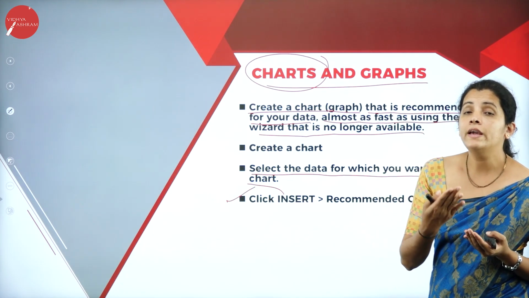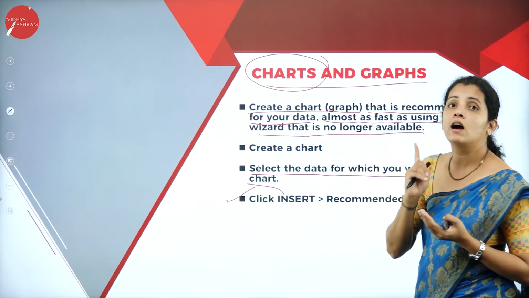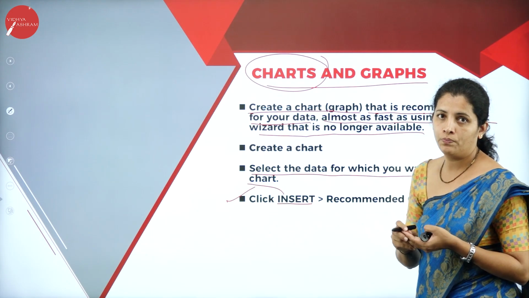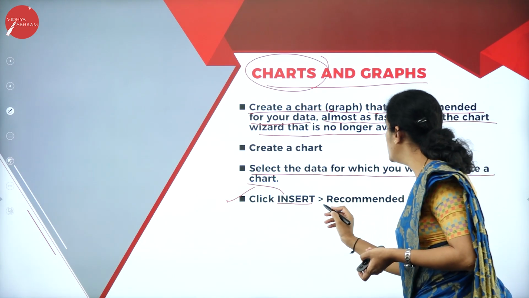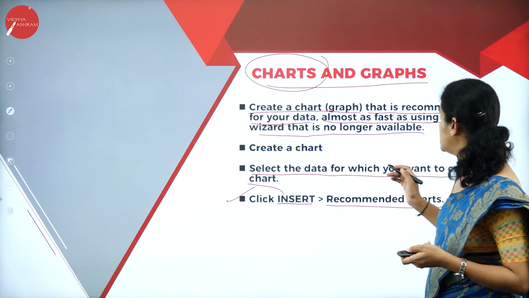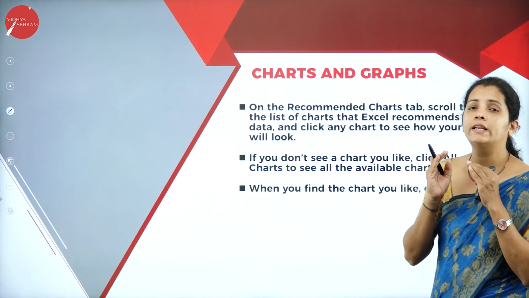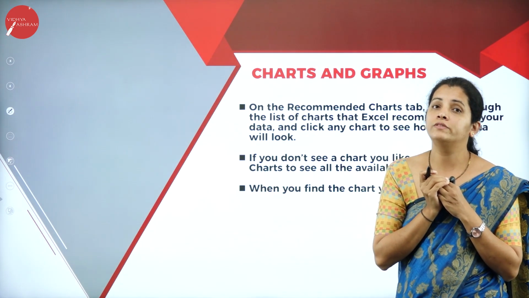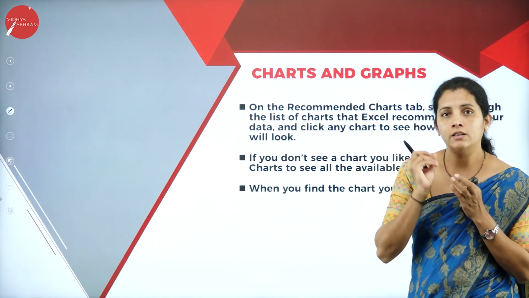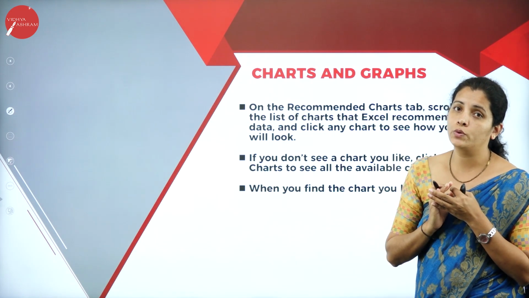Now tell me where I'm going to get the charts. Here charts are always present in the insert menu. And in the insert menu, I'm going to have the option called recommended chart. When I select recommended chart, I'm going to get a long list of charts. In that, I'm going to pick a particular chart. Then what are the different kinds of charts I'm going to have here?